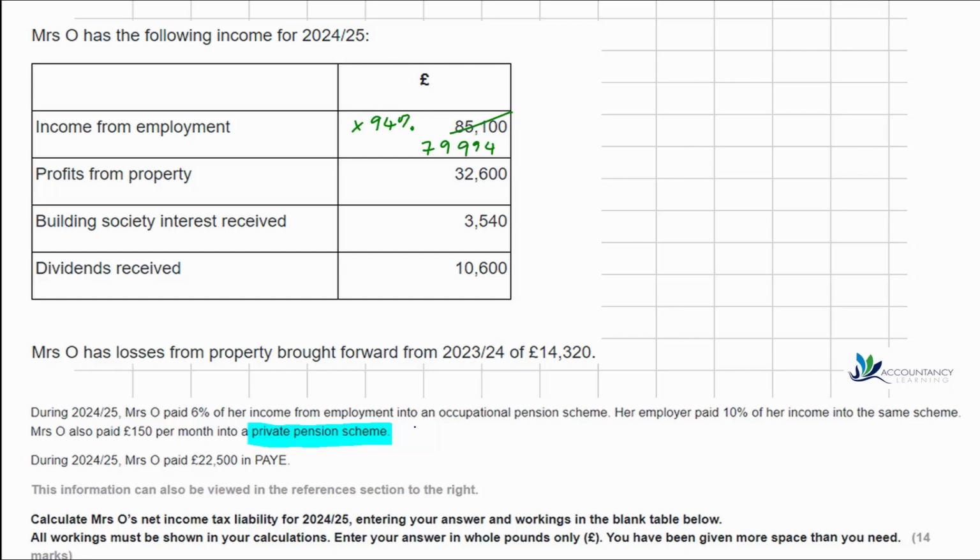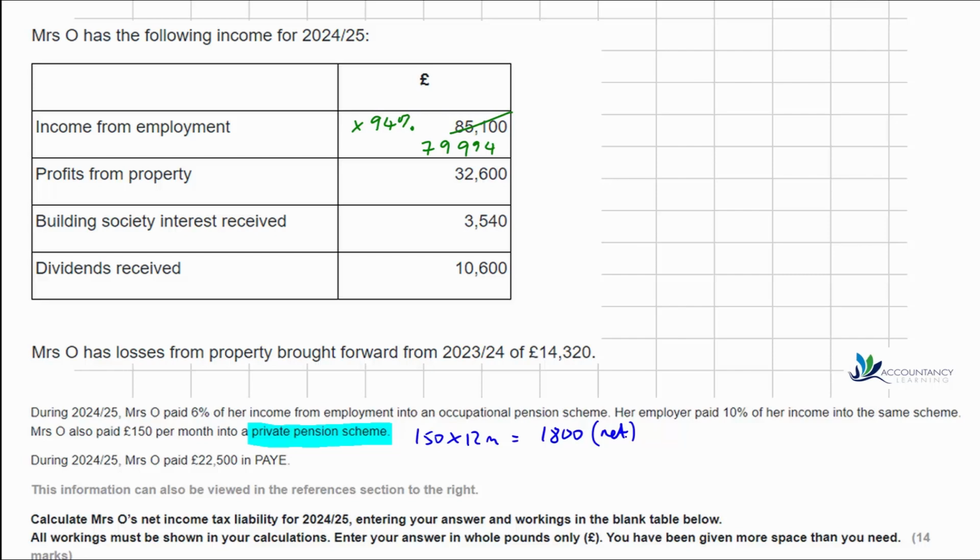So we've got the £150 per month, and we need to multiply by the 12 months, and that gives us a total of £1,800. But remember, that's paid from her net pay. And from a government point of view, for tax purposes, we want to work out, well, how much of the original pay would that have been before tax?